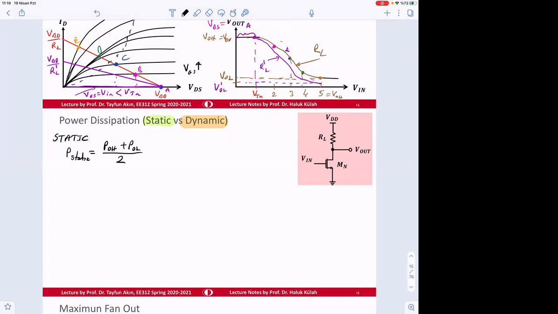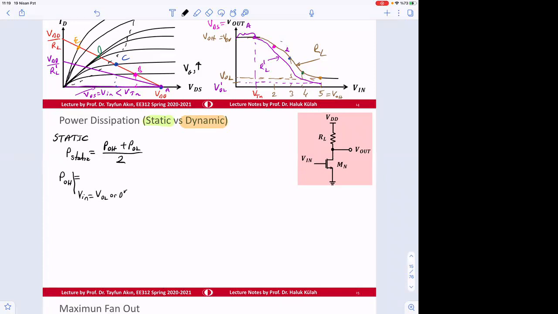P output high occurs when? When does this occur? When V in is equal to P output low or 0.